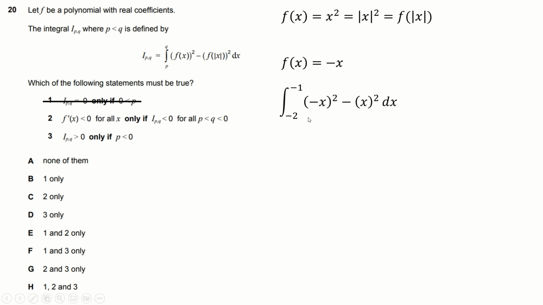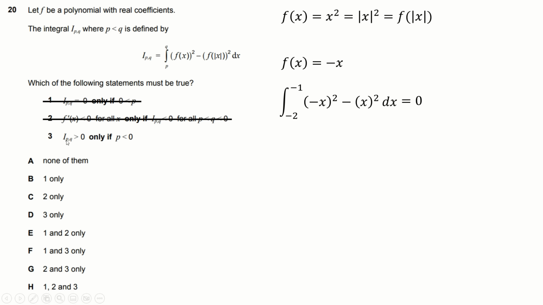I mean, that was just a random choice. But again, minus x all squared is just x squared. F of mod x here is just x, right? Because the minus will just go away, so you just square that. And this whole thing is 0. So I found an example where f dash of x is less than 0 for all x, but I of pq is just 0 again. So that's also not necessarily true.